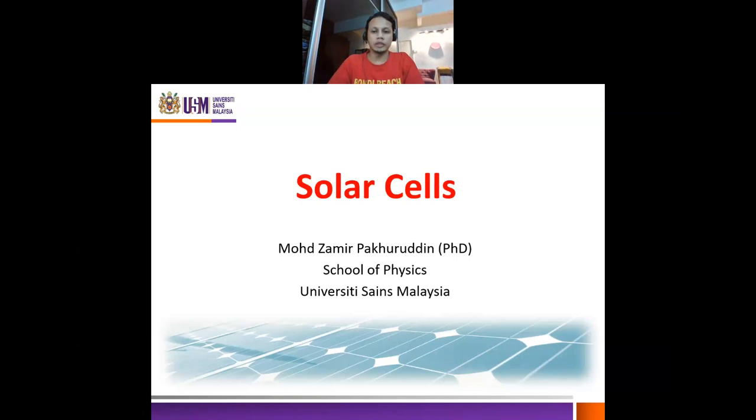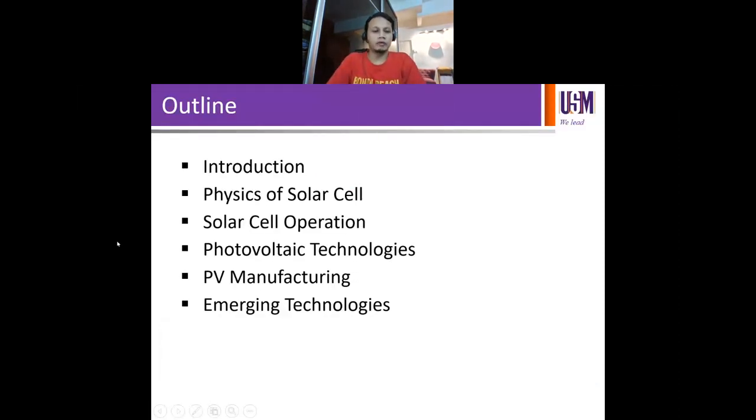So we're going to look at solar cells as one of the devices which adopts p-n junction for operation. Okay, so this is the outline of our discussion. So I'm going to go through a brief introduction on solar cell, and we're going to revisit the physics of solar cells, some of the fundamentals we've discussed when we talk about illumination of p-n junction. Okay, so we're going to go through solar cell operation.